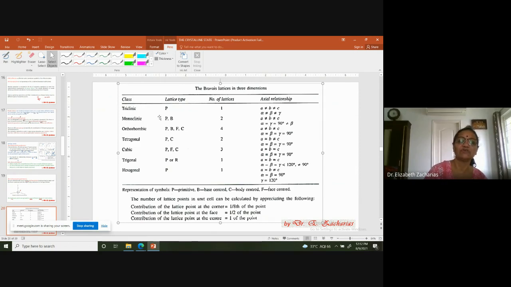Here what happens is, you're going to have a monoclinic primitive, and B stands for base centered. You have a primitive and a base centered. Like this, you can talk of orthorhombic, tetragonal, cubic, trigonal, and hexagonal. One is supposed to know these axial relationships.